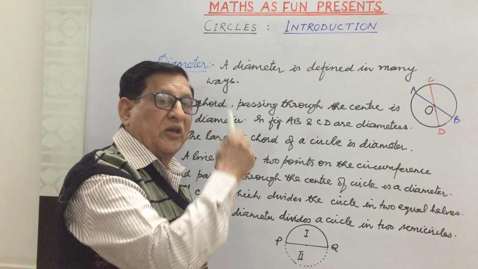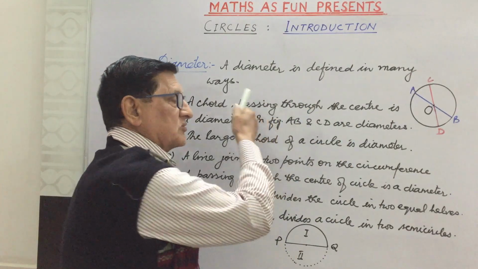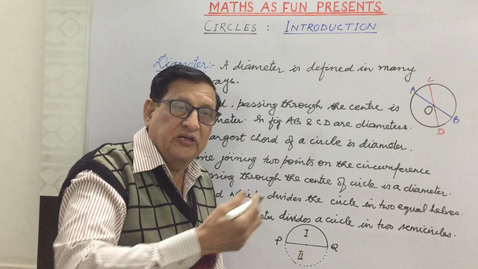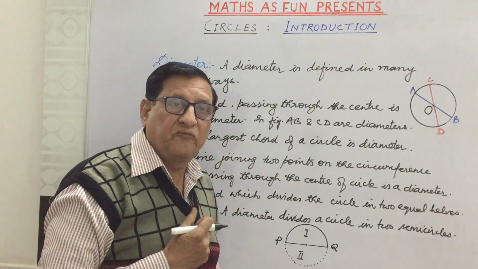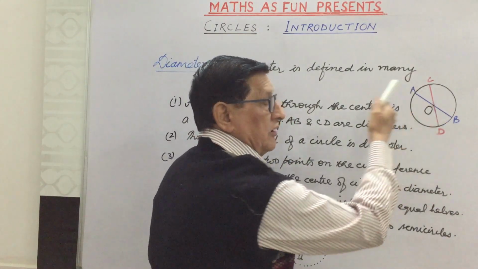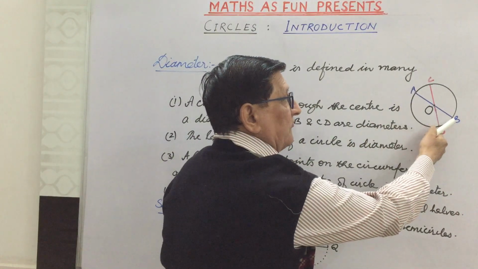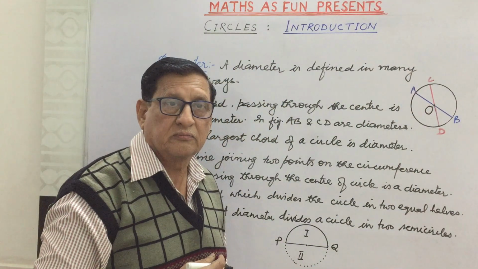Number 3, we can define the chord, and this particular definition, the first one, can be added. First we define the chord. We know the chord is a line joining any 2 points on the circumference. So we can write it as a line joining any 2 points on the circumference which passes through the center of the circle is a diameter.